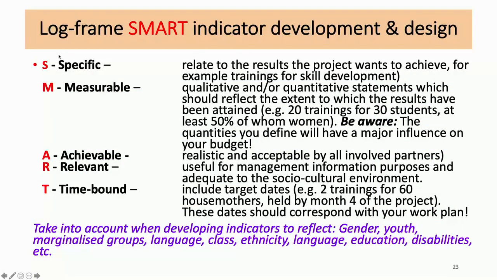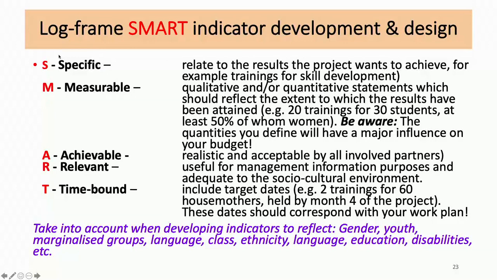Indicators, just some quick advice on indicators. Indicators need to be SMART: specific, relating to the specific result and the activity. They need to be measurable. We cannot afford airy-fairy indicators that are not measurable. They need to be qualitative and quantitative statements, which should reflect the extent to which the results have been attained.